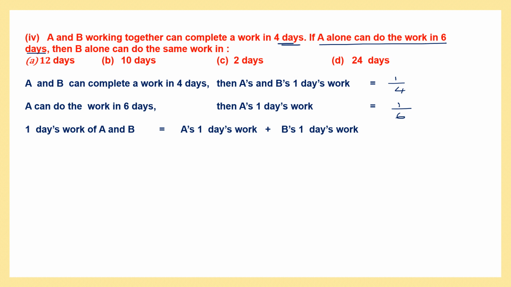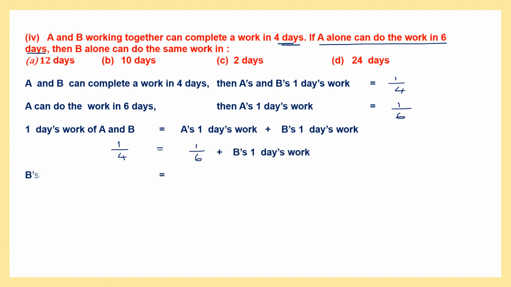So let's substitute. So 1 day's work of A and B is 1 by 4, and this is equal to A's 1 day's work, which is 1 by 6, plus B's 1 day's work, which we don't know and we're going to find out. So plus B's 1 day's work.